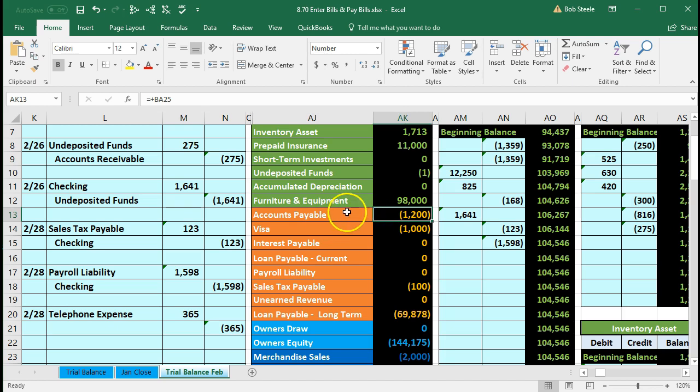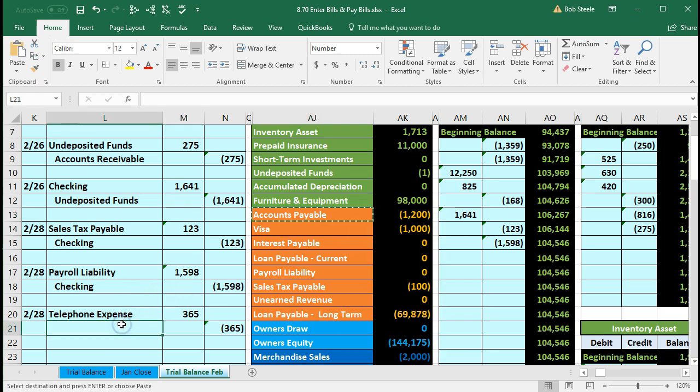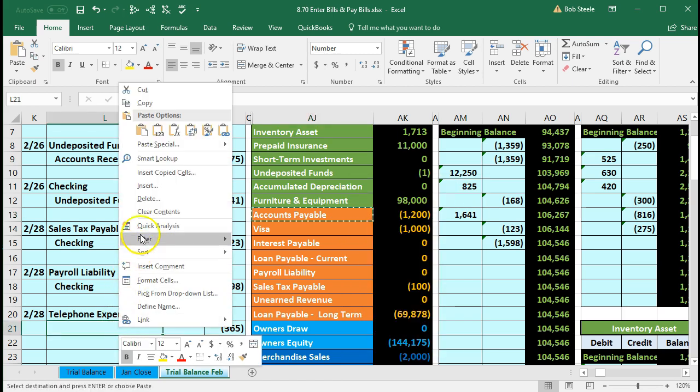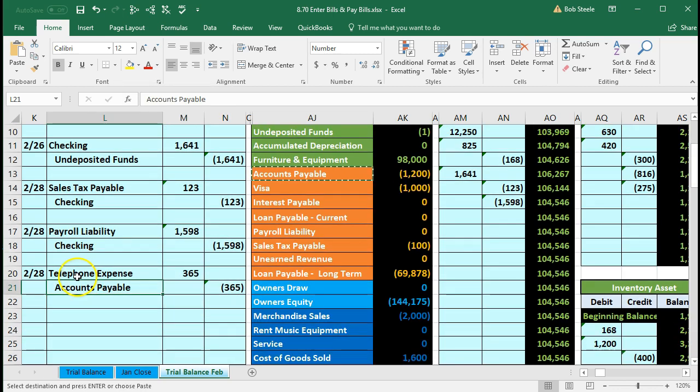We need to go up. The bad thing is increasing. We incurred more of it, and therefore we will do the same thing to it, which in this case is a credit. So we're going to copy accounts payable, put that on the bottom in L21, right click and paste 123. We have journalized the journal entry in the general journal, and now we'll post that to the general ledger.